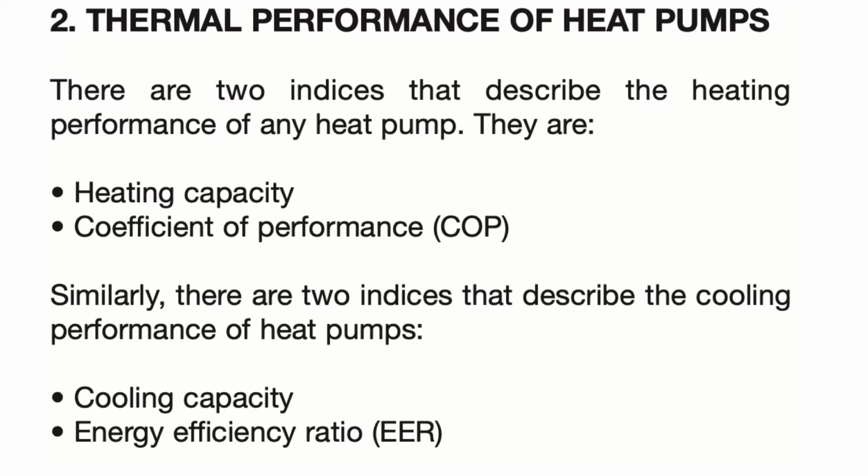In other words, if you move 3 kilowatts of energy with 1 kilowatt of consumption, then your coefficient of performance would be 3-to-1. The cooling capacity of the system is expressed in BTUs per hour, also expressed as tons. 1 ton of energy transfer in refrigeration is 12,000 BTUs per hour.